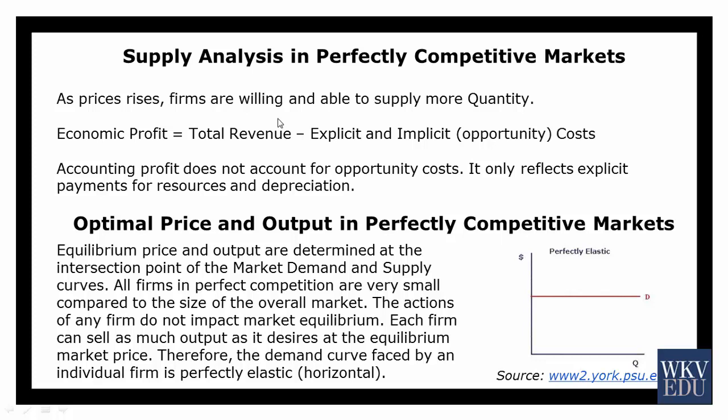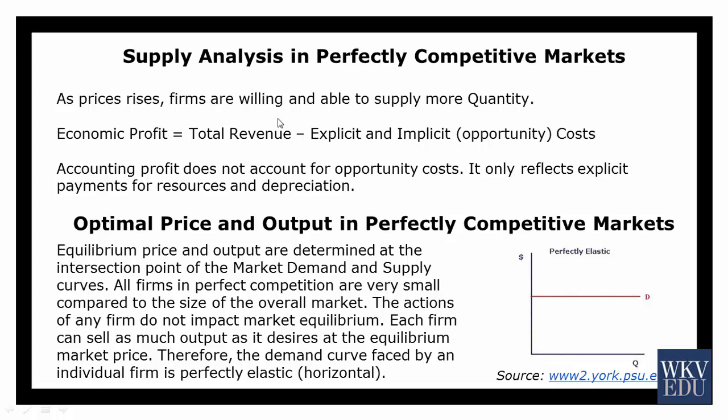All the firms in perfectly competitive markets are very small compared to the overall size of the industry, and therefore any action taken by a single buyer or seller does not impact the market equilibrium. It's a hypothetical market which doesn't exist, and in a hypothetical sense we can say that all firms can sell as much output as they want at the price set by the industry because they are price takers.